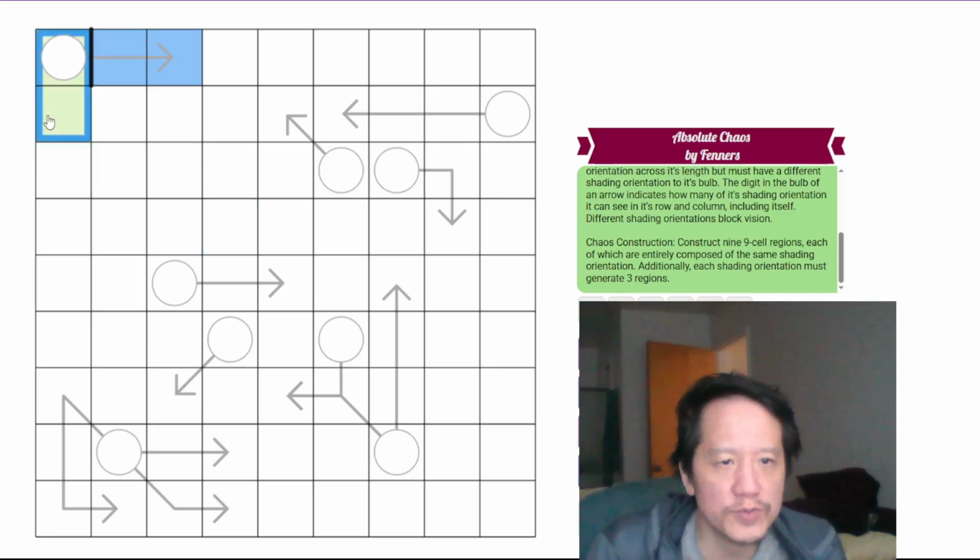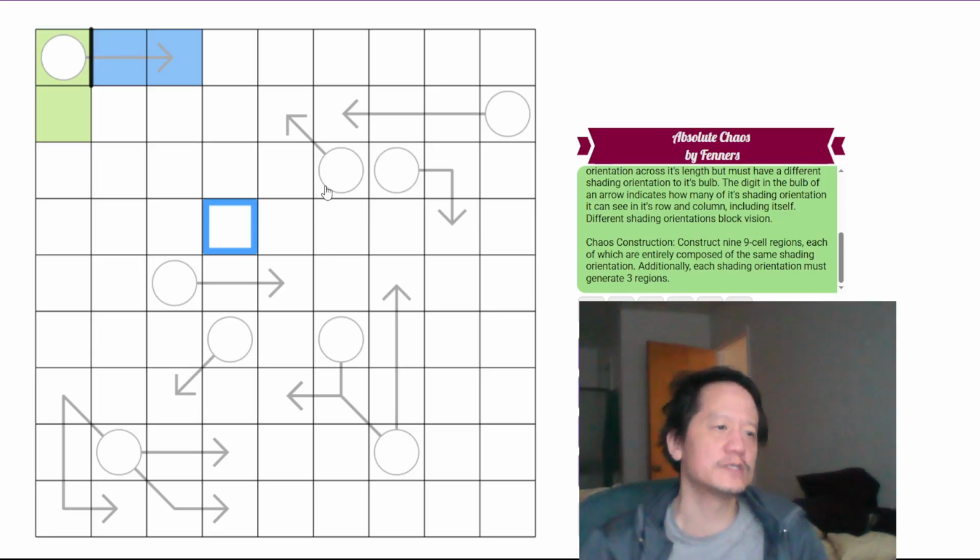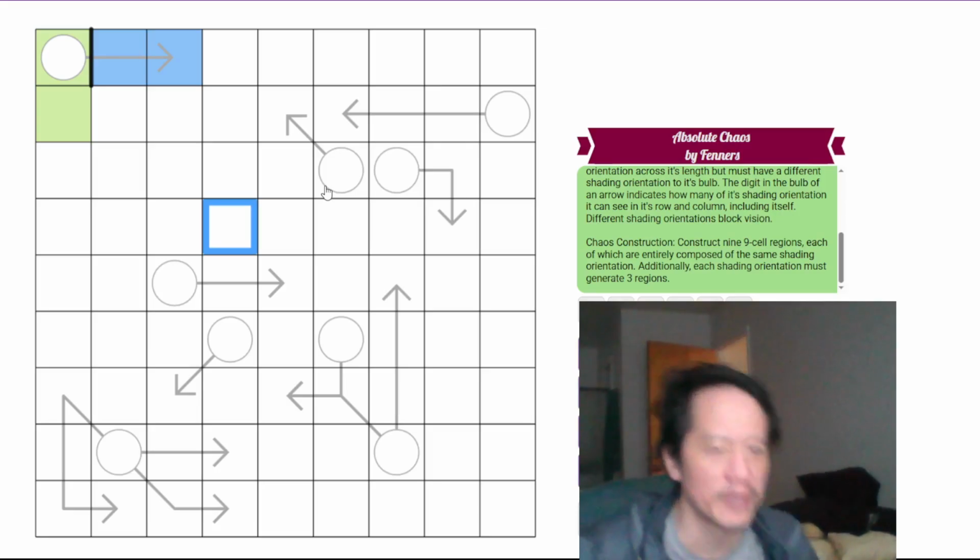This has to go this way because it has to have a 9-cell region. We have to have actually 27 cells. So there's 27 blues, 27 greens, and 27 of the last color. We'll probably make it red.